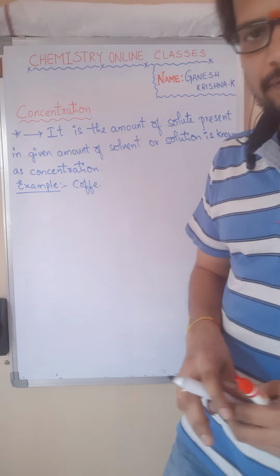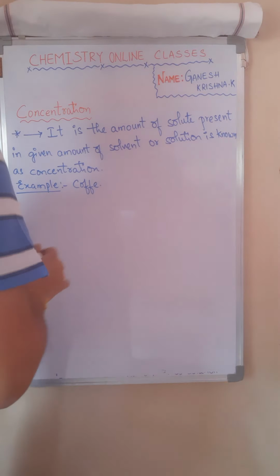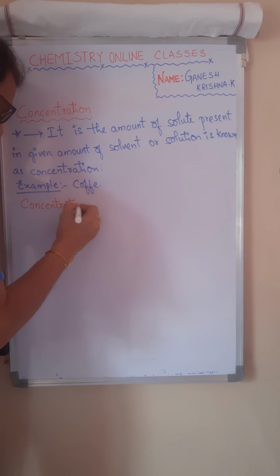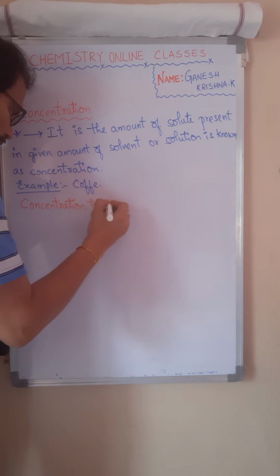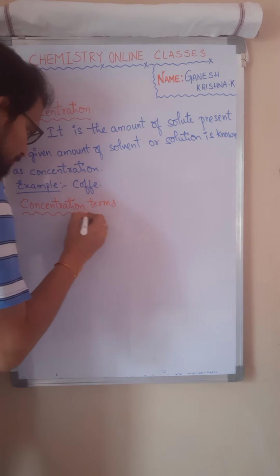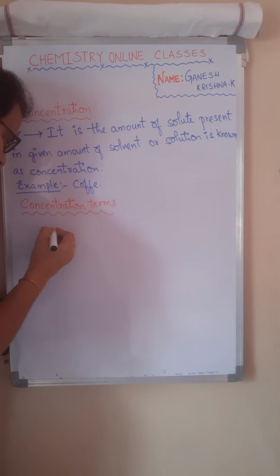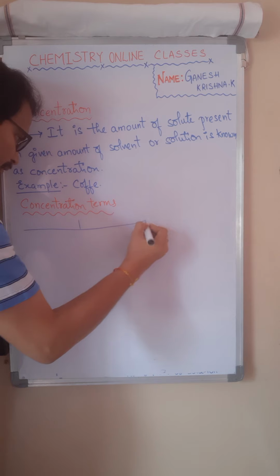Right. Now, what are the different types of concentration terms involved to find out the amount of solute? There are two ways of measuring the concentration terms.